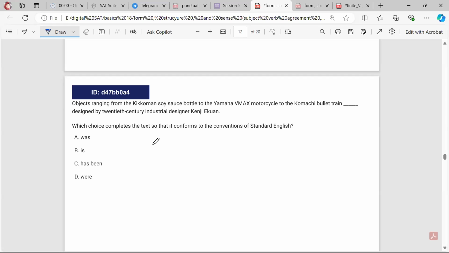I told you, think of singular and plural first. That's the first option you have to think of. If it didn't work, think of the verb tense and finite and non-finite. Of course here we don't have finite and non-finite. It's either subject-verb agreement or verb tense. Do you have singular and plural? If yes, then this is subject-verb agreement.